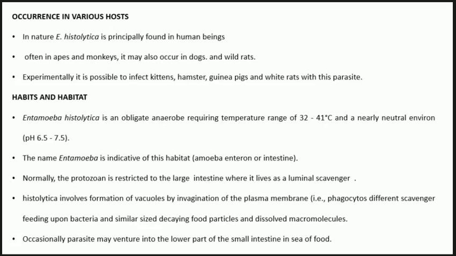Now, what are the hosts where it occurs? As I have already told you, all three species are present in humans, but if we talk about only Entamoeba histolytica, it is found in human beings first, but often it can be found in apes and monkeys, and it may also occur in dogs and even in wild rats.